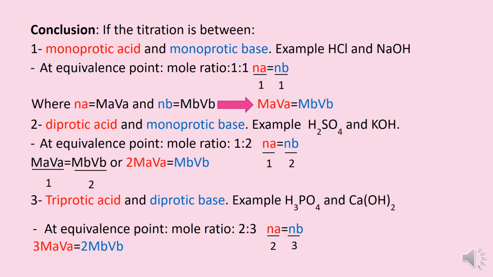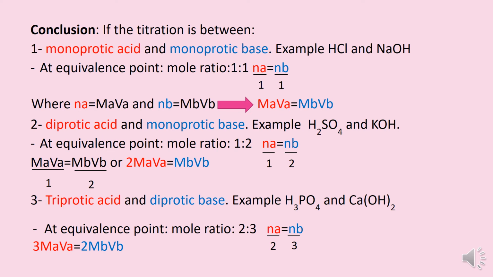Now this relation we can substitute by Ma times Va over 1 equal Mb times Vb over 2, or we can simplify it here by crisscross, and what do you get? 2 times the molarity of the acidic solution times the volume of the acidic solution equal the molarity of the basic solution times the volume of the basic solution.